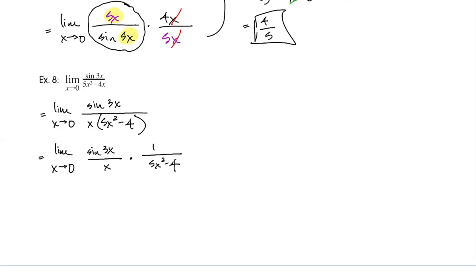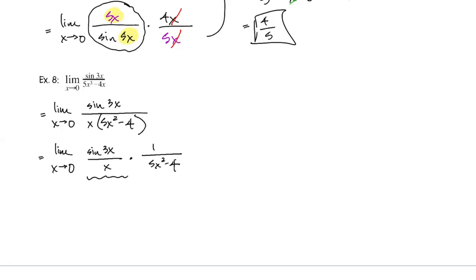Right? Most of the time we are so used to combining fractions, but I think a really useful skill is to be able to also uncombine fractions, right? Because by uncombining them, what do you want to do to help this one out? That's sine 3x over x.